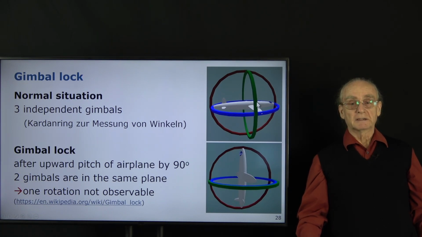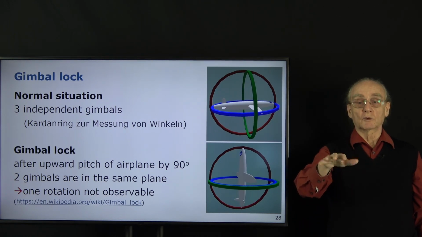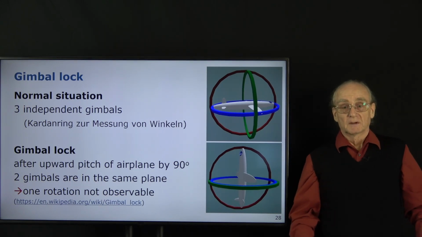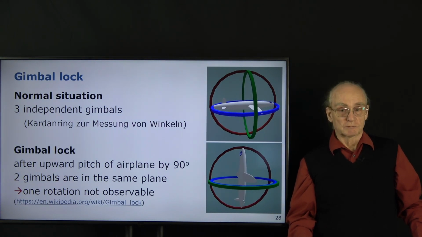That means the green and the blue gyro are in the same plane, measure the same thing, and we have no idea how to know the rotation around the original roll axis. That means we lose the measurement of one angle. As a practical consequence, it is not possible to control the direction of the airplane anymore, because we don't have all measurements. We only have two measurements and not all three. So this is called the Gimbal Lock, because the control of the aeroplane is locked.